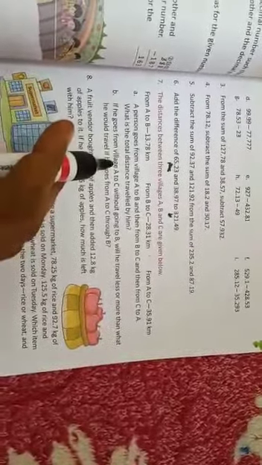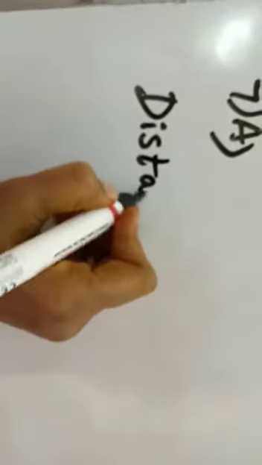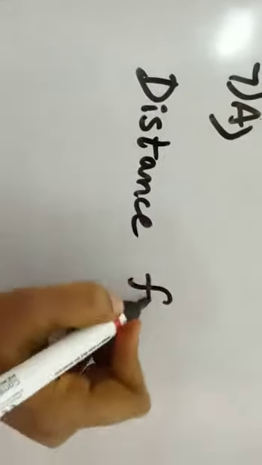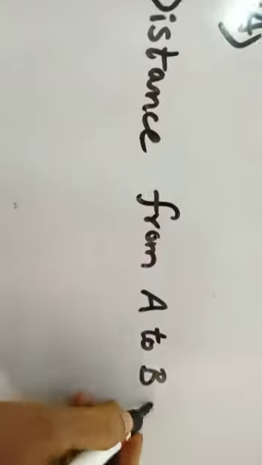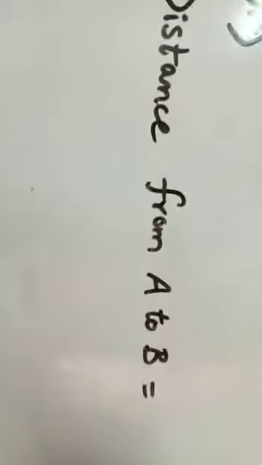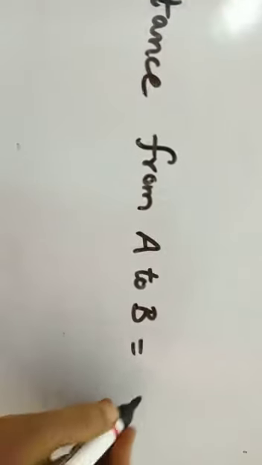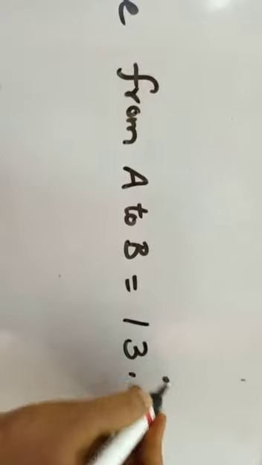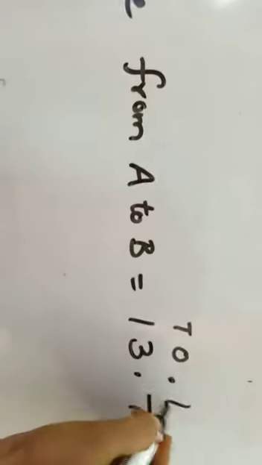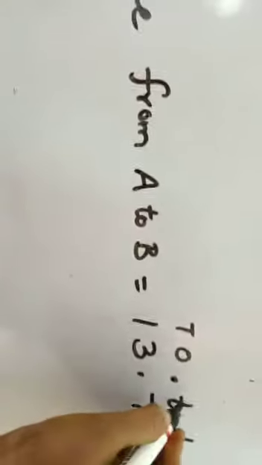So, first, distance from A to B is 13.78 kilometers. So this is decimal point, ones, tens, hundreds.